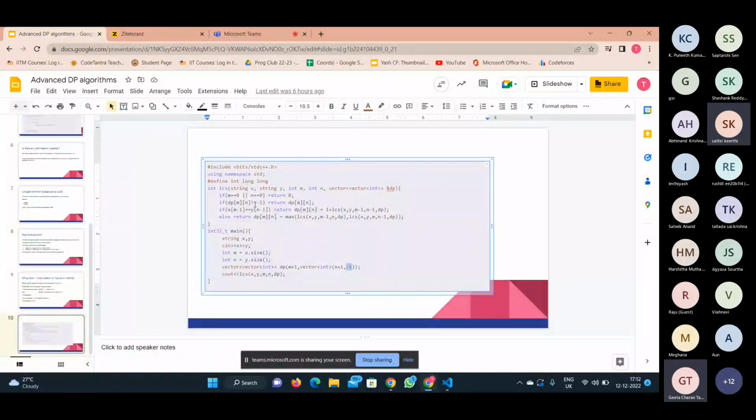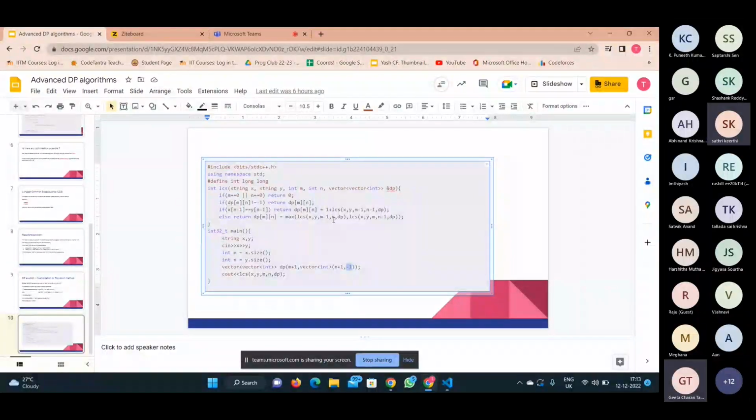So if x of m-1 is equal to y of n-1, we set dp of m, n equal to 1 plus LCS, decreasing 1 in m and n. It's like removing the last element. Else dp of m, n is equal to the maximum of LCS of x, y, m-1, n.